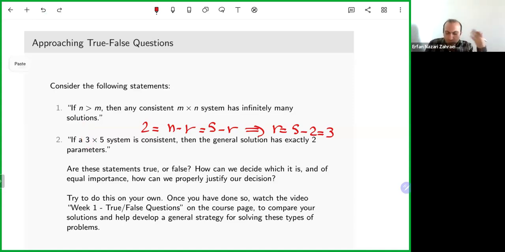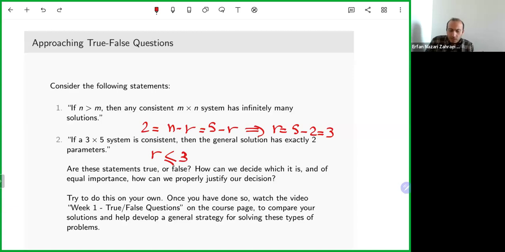Basically, the best thing I can say about rank is that r is less than or equal to 3, because 3 is the total number of rows, and rank is less than or equal to the number of rows and also less than or equal to the number of columns. But 3 is less than 5. So that's the best thing I can say about rank: r is less than or equal to 3. But I need it to be exactly 3 for this statement to be true. So this suggests to me that this statement is not true in general.